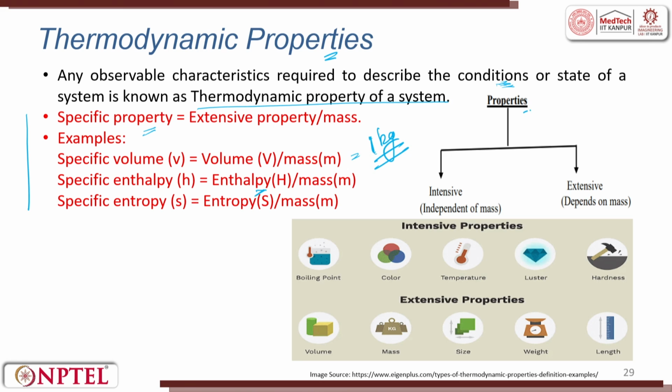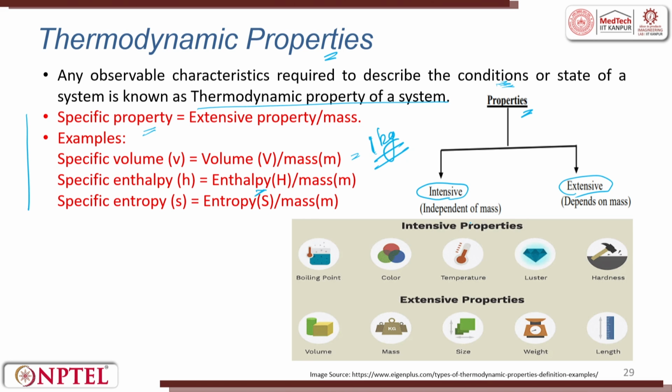Okay. When we talk about properties, there are two types of properties for any given material. One is called intensive property, the other one is extensive property. Intensive properties are properties which are independent of mass. Extensive properties are dependent on mass. Okay.